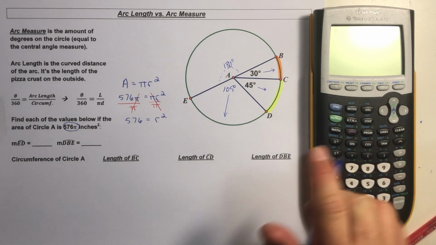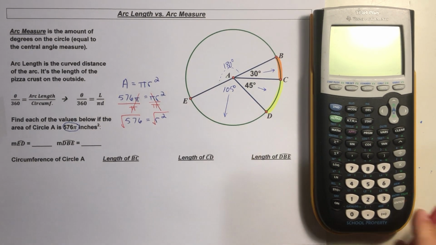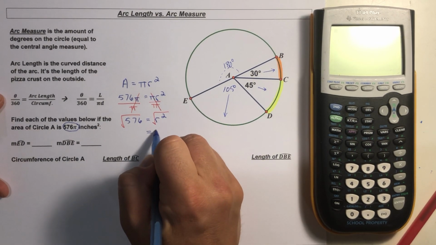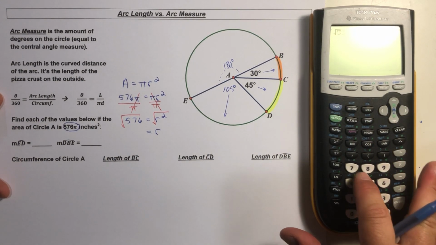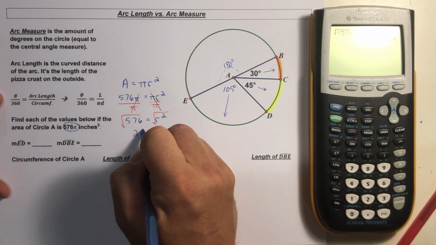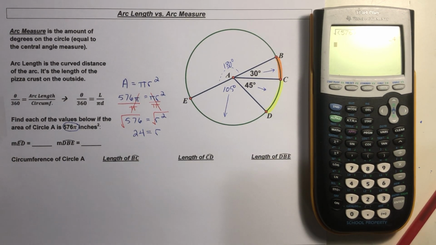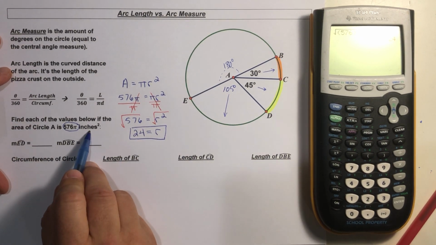We need to take the square root of both sides. So square root of r squared is r, and the square root of 576, I'm going to type that in my calculator, which is nice. That gives me a nice whole number. So what I now know is the radius of this circle is 24 inches.